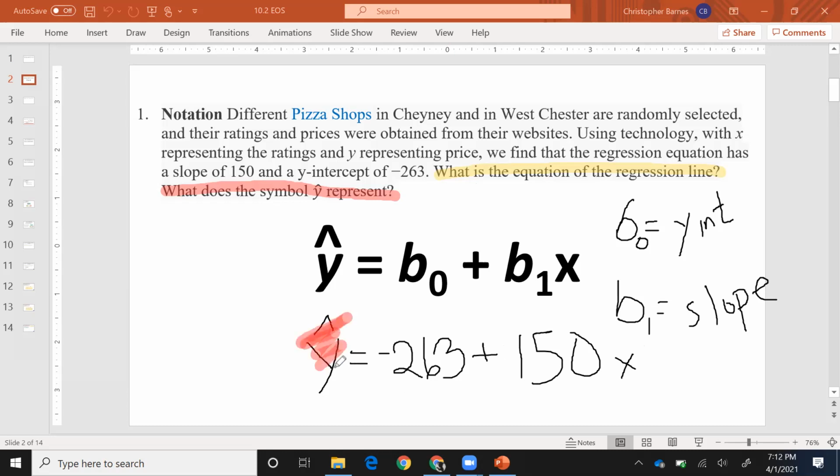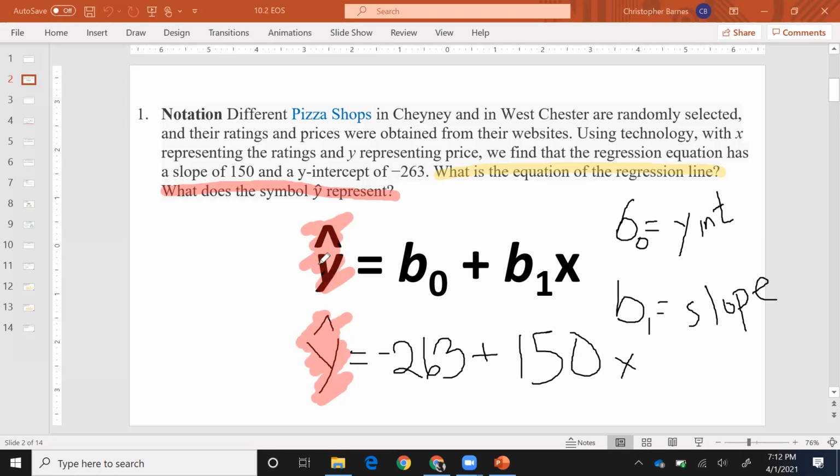This is just kind of known, I went over it a little bit in class, right? The y hat over top of it is an estimate. So that means we're estimating what y is, or we're predicting. So y hat, which is this right here, represents our prediction.